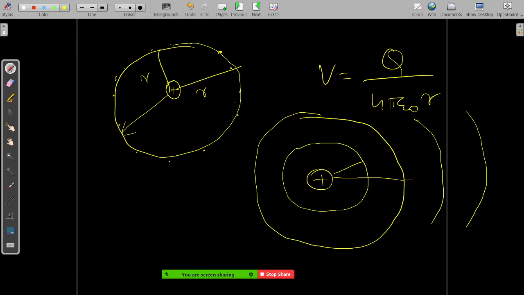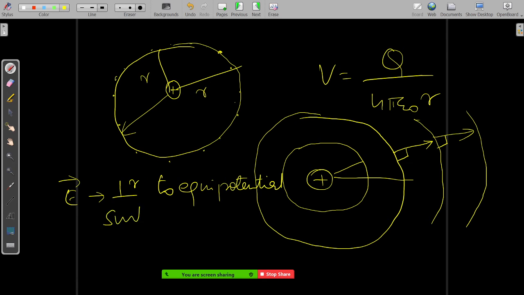Now, what you have to remember is the electric field and the equipotential surfaces relation. It is something like this: the electric field lines will be perpendicular to the equipotential surfaces. E is basically perpendicular to equipotential surfaces.